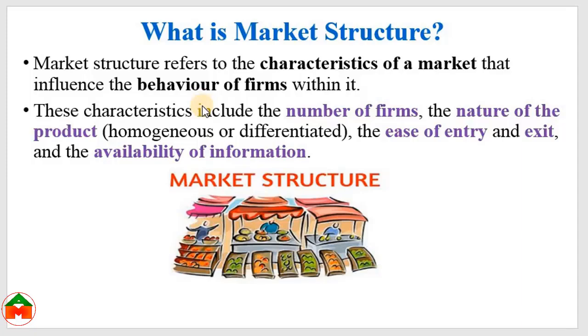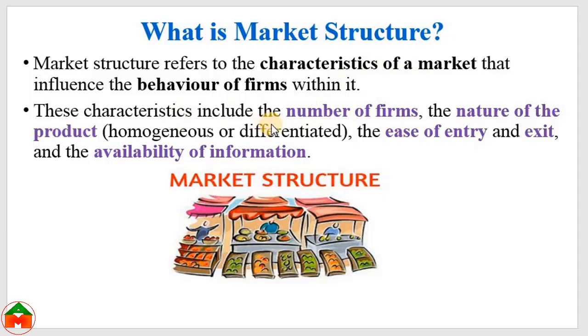So this kind of decision is known as the behavior of the companies, and the characteristics based on which the companies show the behavior are known as market structure. Simply, market structure indicates the characteristics of the market.